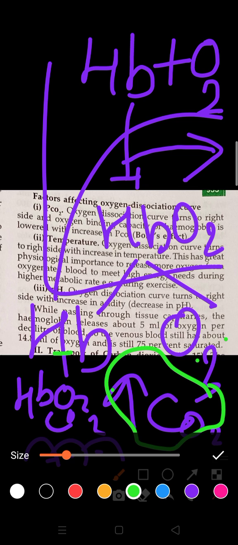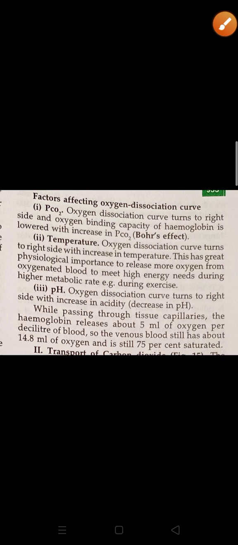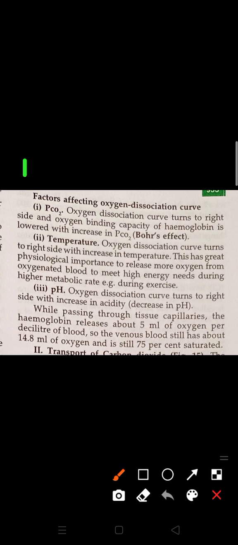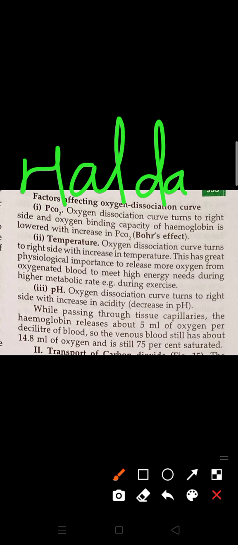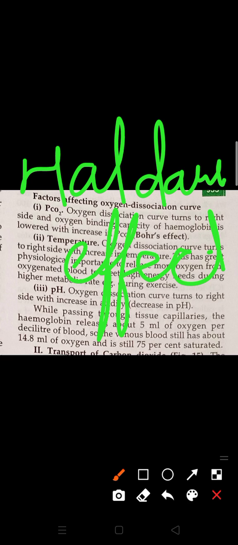Now the second effect is also associated with this, and I am going to tell you about it here only. That is known as the Haldane effect. The Bohr effect is related to the dissociation of hemoglobin and oxygen, meaning the release of oxygen in tissues.